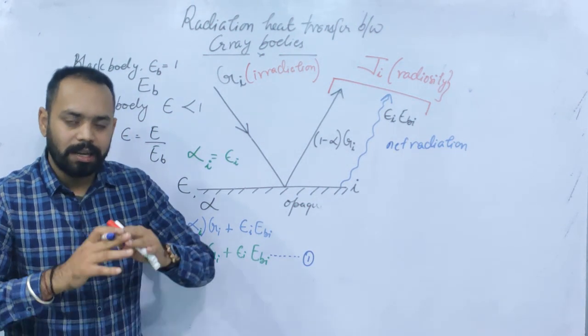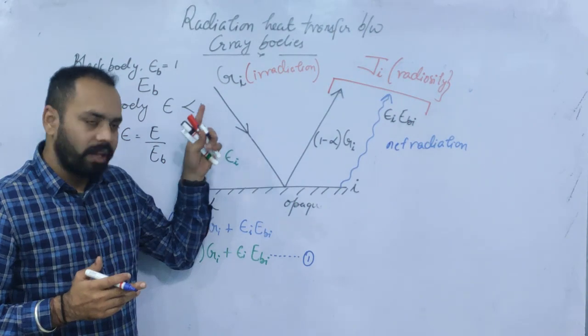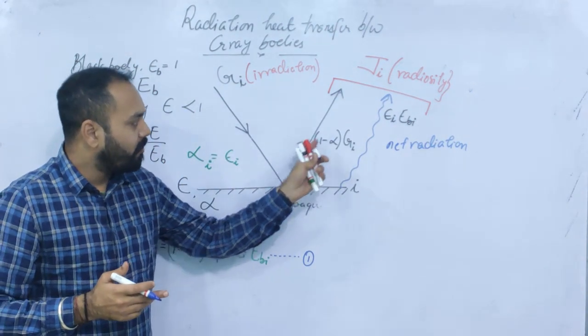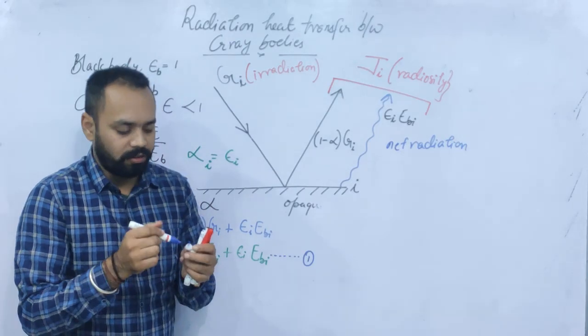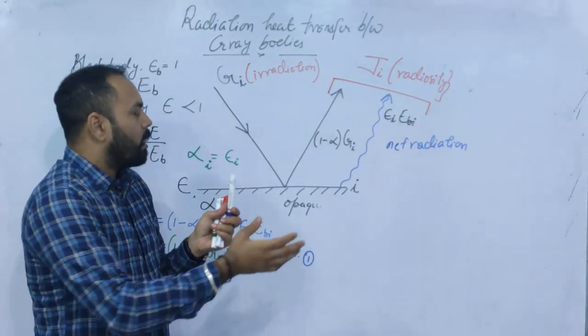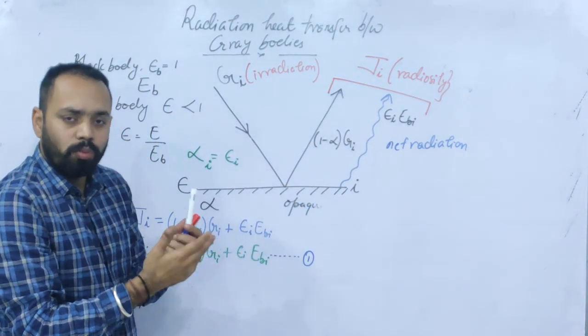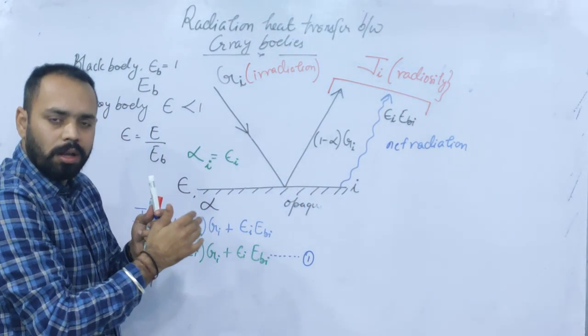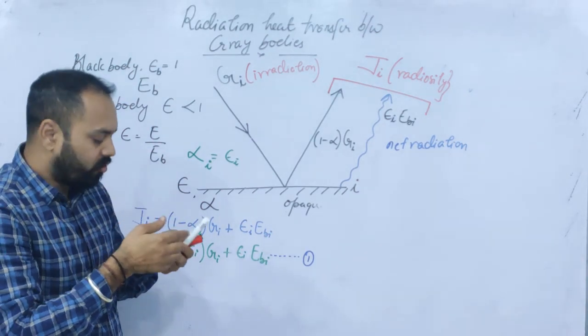So we can say that in a net, the radiation is leaving the surface. Suppose if falling radiation is more and this leaving radiation is less, it means that in a net, the radiation is falling on the surface. So I'm already assuming that this leaving radiation, the emitted plus reflected part, is more than what is falling, and therefore the net effect is the radiation is leaving from the surface.